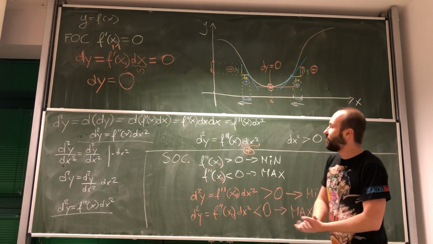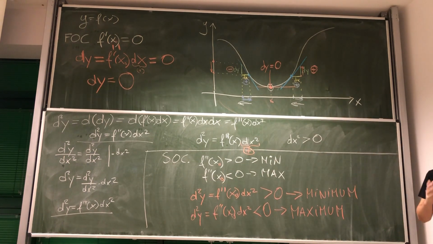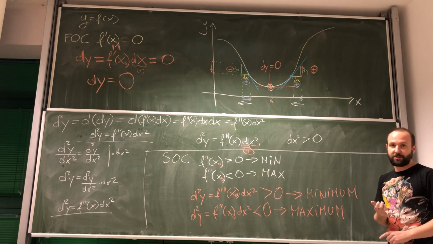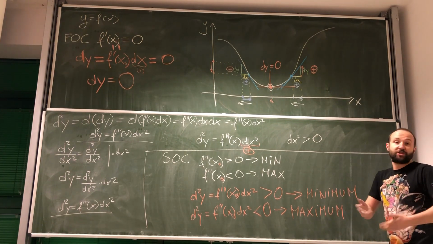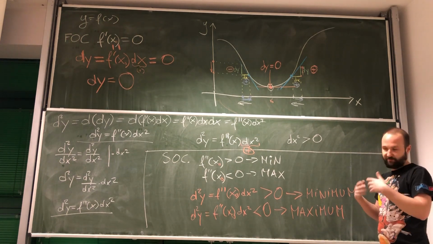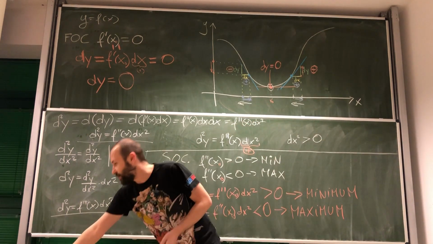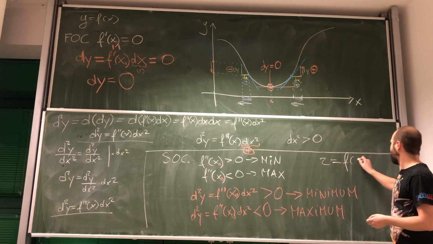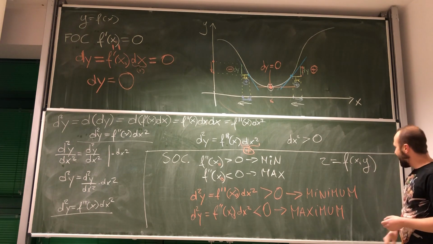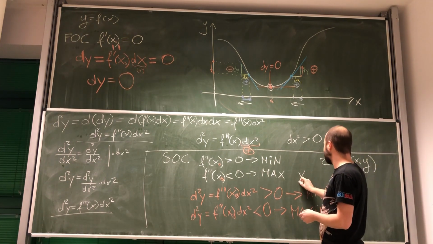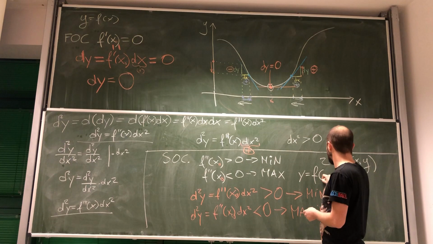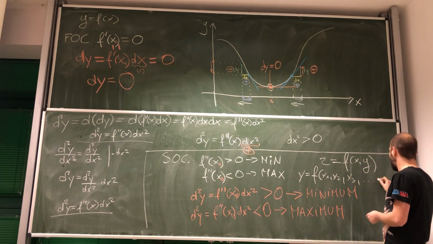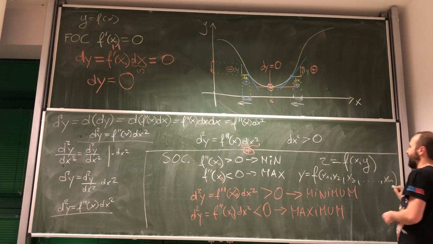Okay, thank you for your attention. In the next video, we're going to start with three-dimensional functions and functions of more variables. So, for example, we're going to start with z equals f of x, y, but then we're going to move to the more complex case of y equals f of x1, x2, x3, until xn.